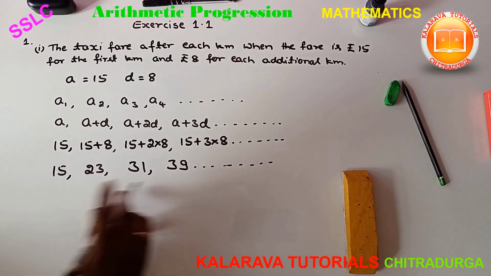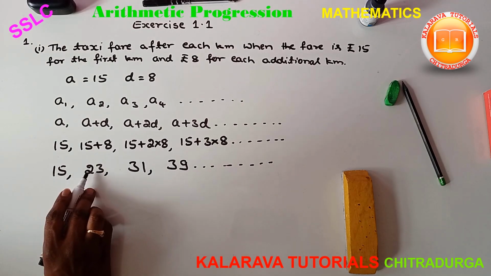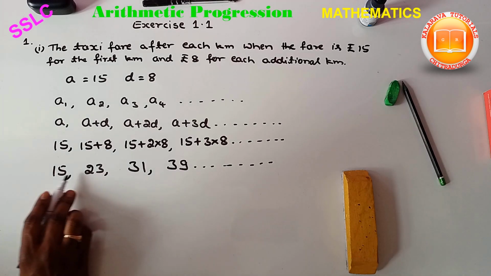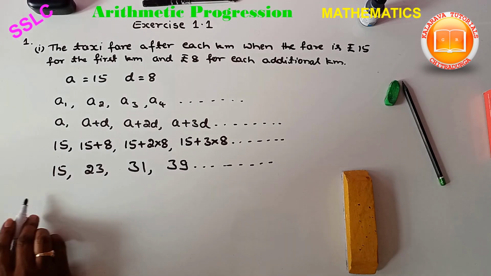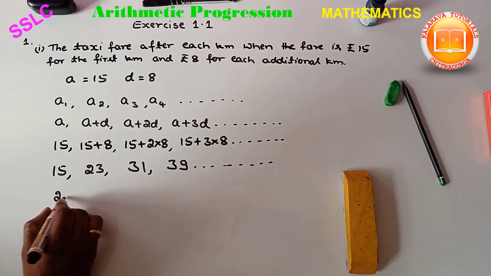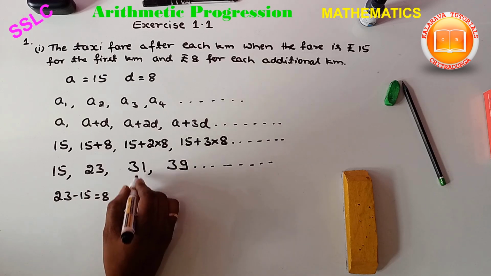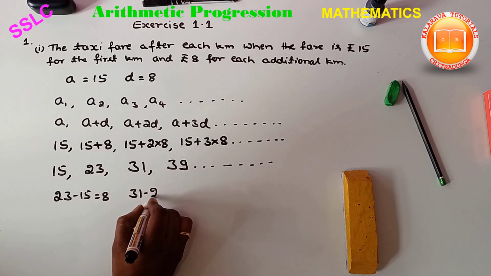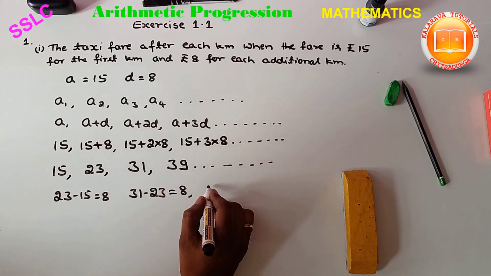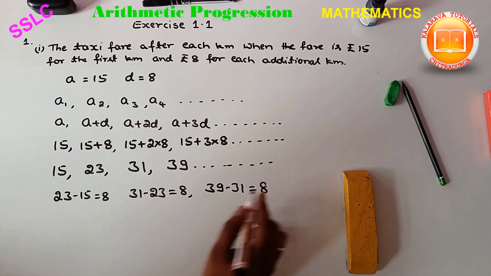We get the series of numbers like this. You observe the difference of any two consecutive numbers is constant. That means 23 minus 15 gives you 8, 31 minus 23 also gives you 8, and 39 minus 31 is also equal to 8.